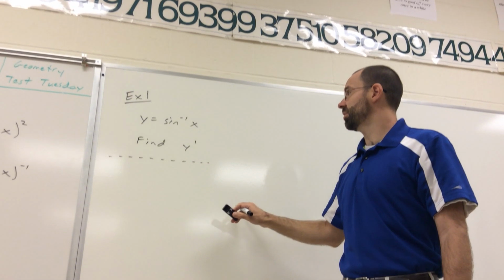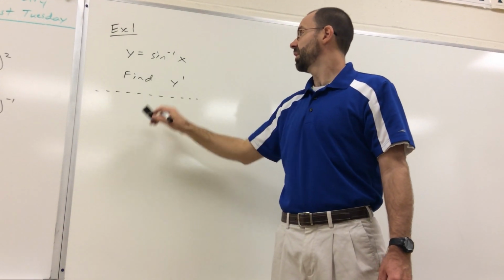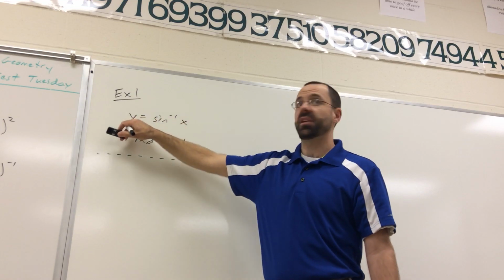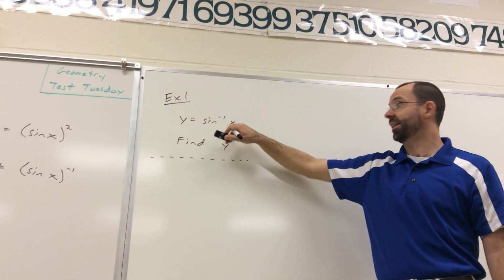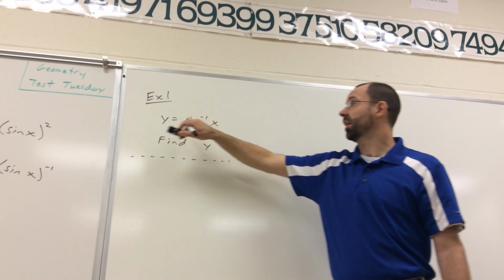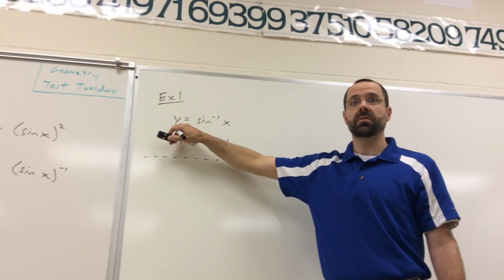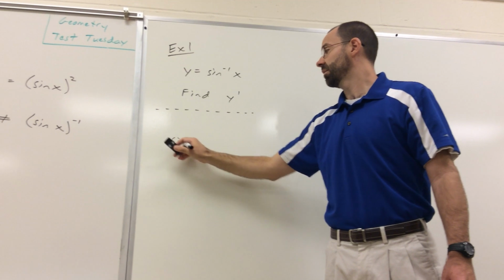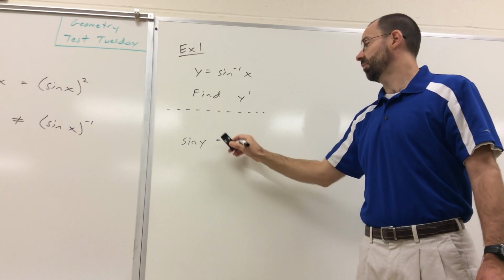Okay, so what we're going to do is we're going to rewrite this. This is a fraction, and this is an angle, because inverse sine inputs a fraction and outputs an angle. So that way, I could write this instead. Sine of y equals x.